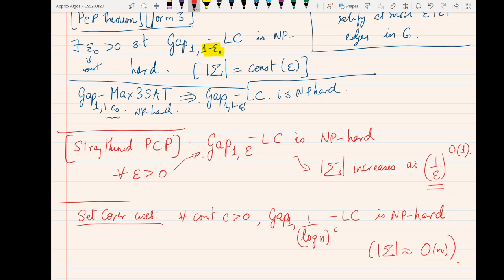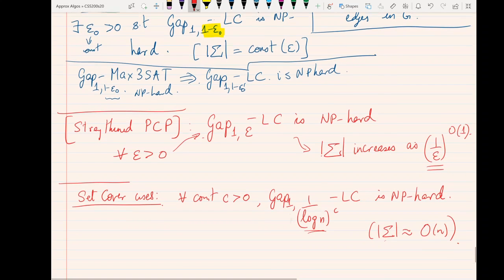The notable difference, or the strengthening, is that you have a really large gap. It's not just constant epsilon, with the alphabet size still being polynomial in n. So this is just a detail which you can ignore for now.